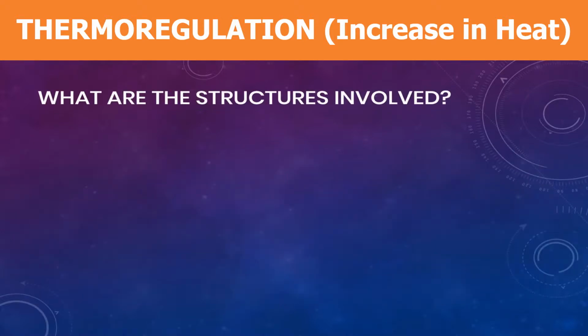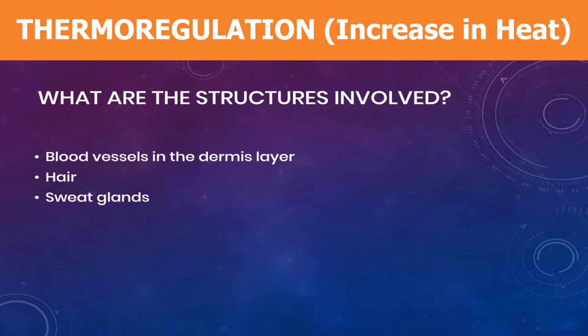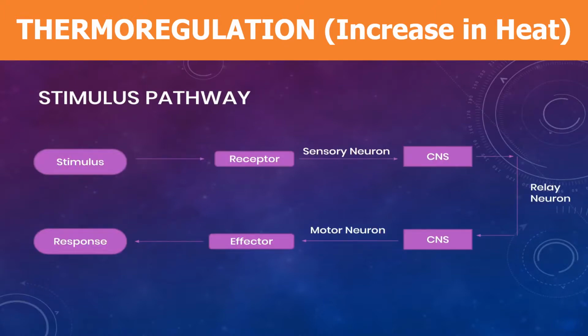The structures that are involved in thermoregulation include blood vessels in the dermis layer, hair, sweat glands, sensory receptors, and subcutaneous fat. So this is the stimulus pathway. It all begins from the stimulus, which is a change in the environment, either external or internal, that is detected by a receptor. Receptors transform environmental stimuli into electrical nerve impulses.